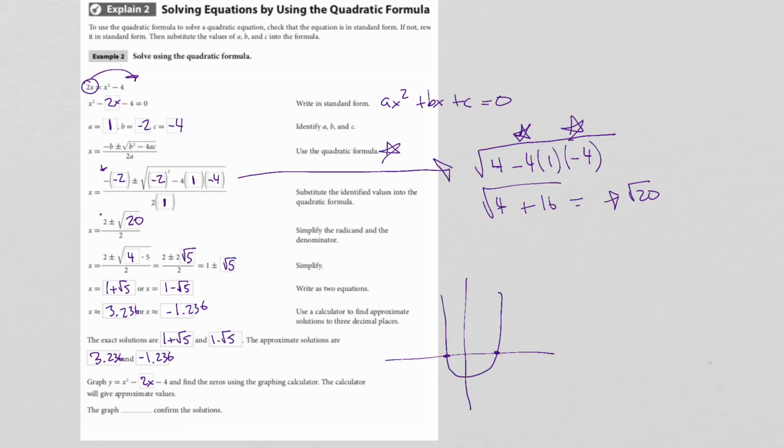Definitely 2 real solutions, and our zeros should be at these points. So let's confirm that the graph does confirm the solutions. And so from here, I'm going to go to Desmos and show you that it does.